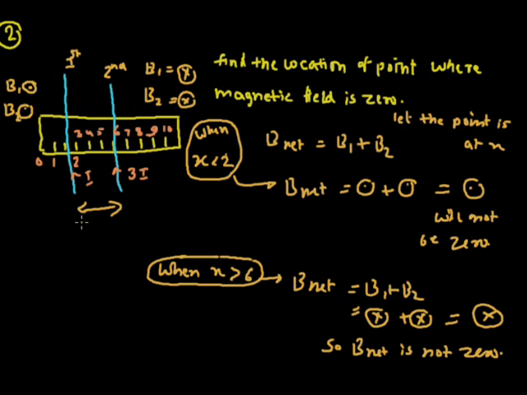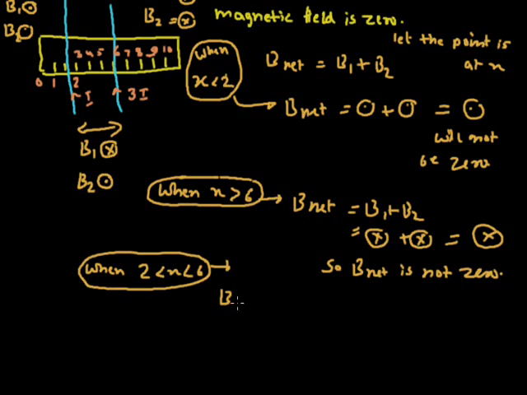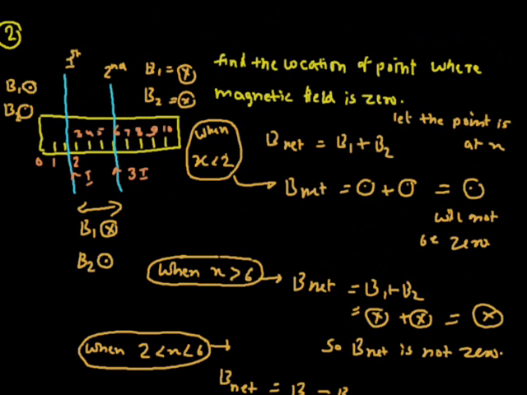But now come to this region. In this region B1 is downward or into the plane, B2 is outward. Obviously the directions of both magnetic fields are opposite to each other, so there can be zero net magnetic field when x is less than 6. Then B net will be B1 minus B2. Okay, now I am considering this x point anywhere.